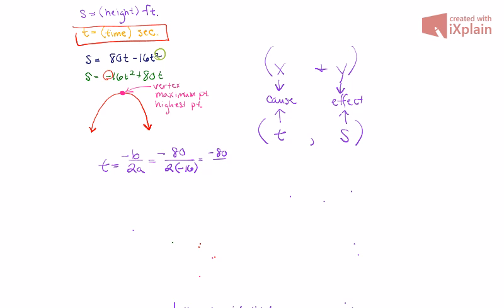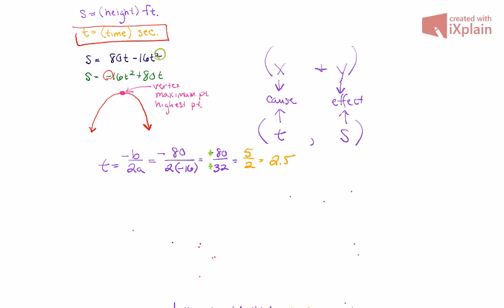So this gives us negative 80 over negative 32. So right away, I can tell you that since you have a negative divided by a negative, that'll make it positive. And then 80 over 32, you can reduce that down, and that will become 5 over 2, or 2.5 if you use the decimal representation.